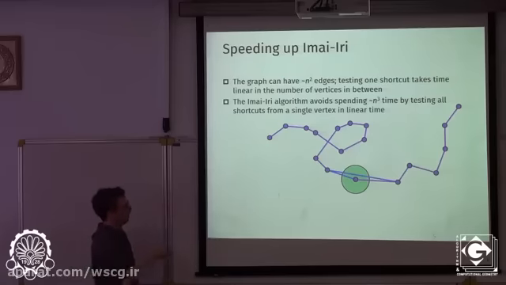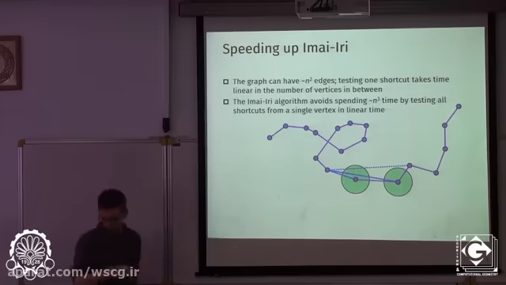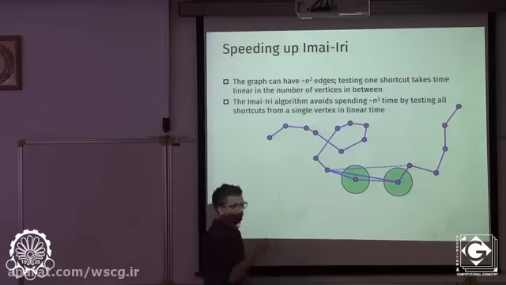And now, if I want to test the next edge, so up to here, then I draw the epsilon disk around this, and I will have to test whether this edge stabs this epsilon disk and this epsilon disk. In this example, it's not the case, so this would not be a valid shortcut. But note, this is not a monotone property.